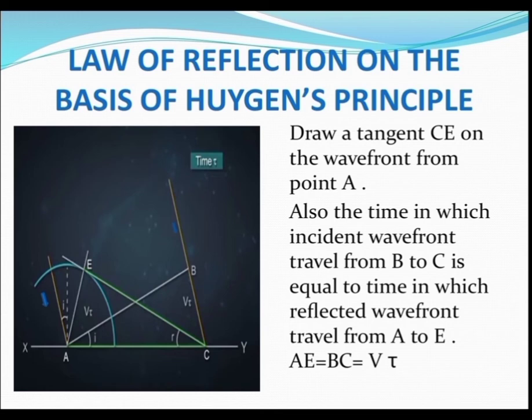In the diagram, we see that there are two triangles AEC and ABC. Both the incident wavefront and reflected wavefront travel in the same time, and these wavefronts are also traveling with the same velocity. Therefore, distances BC and AE are both equal to v tau.